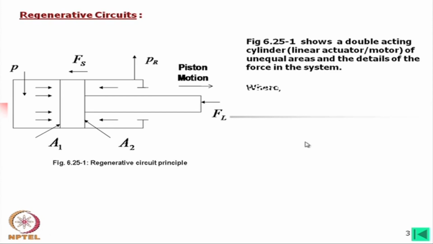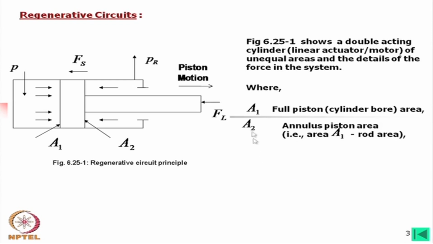Now, A1, I have already discussed, is the full piston area. If you know the cylinder bore diameter, then from there you can find the area A1. A2 is the annulus piston area. Remember, this is the full area minus the rod area. Fs is the friction force offered by the seal here.